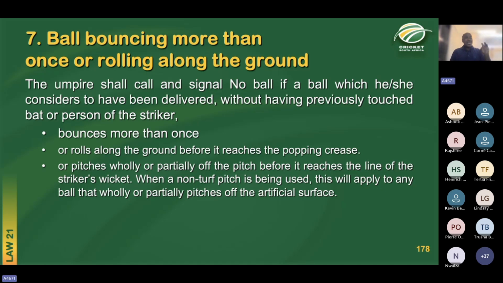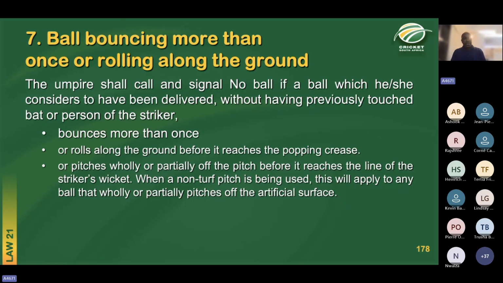If it is delivered and it is a full toss, it doesn't bounce, and it only bounces after the stumps, but it's off the pitch, it will not be a no ball, it will be called a wide.